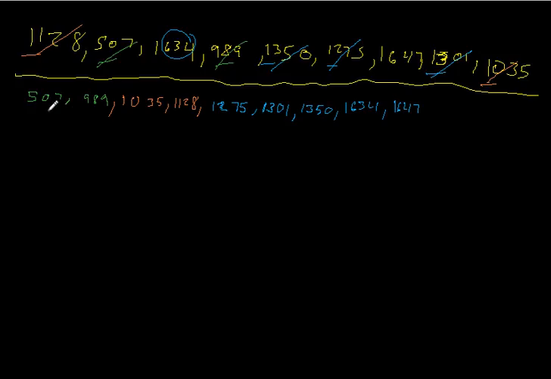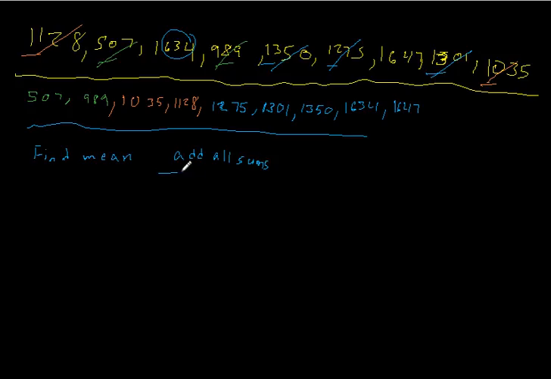Moving on from here, the first thing I'm asked to do is find the mean. Well, the mean is really simple. To find the mean, all I'm going to do is add all the values, and then I'm going to divide it by the total number of numbers that I've added.